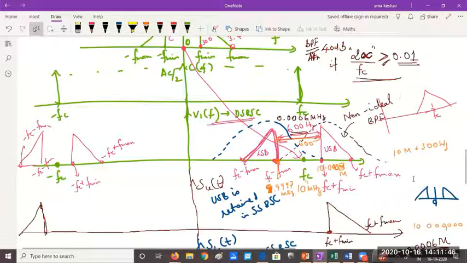Please remember this condition. So only then I'll be able to design a band pass filter.